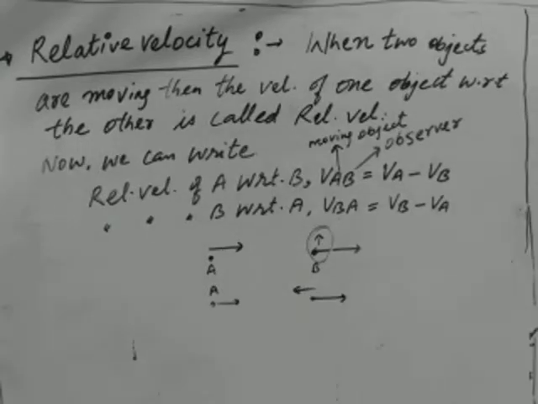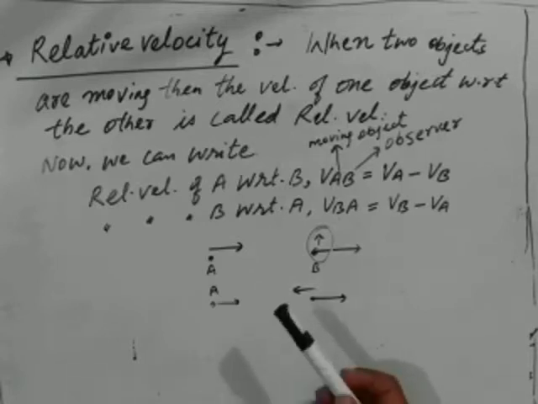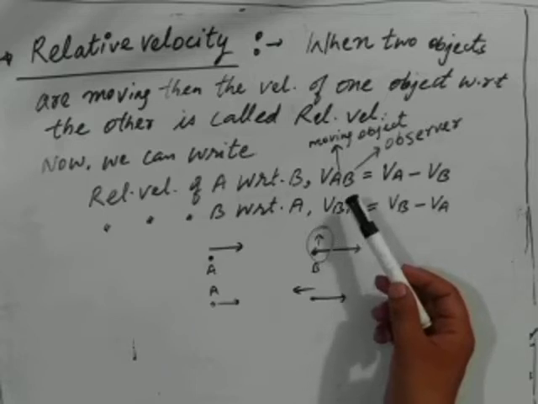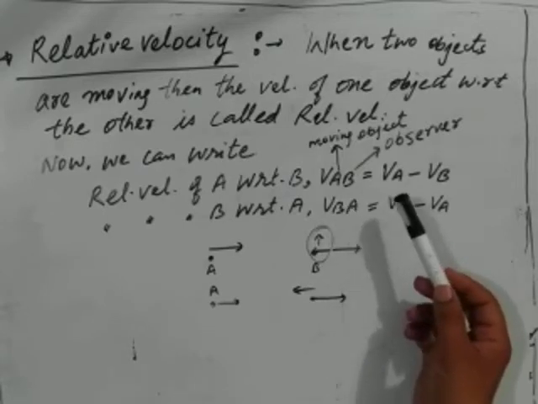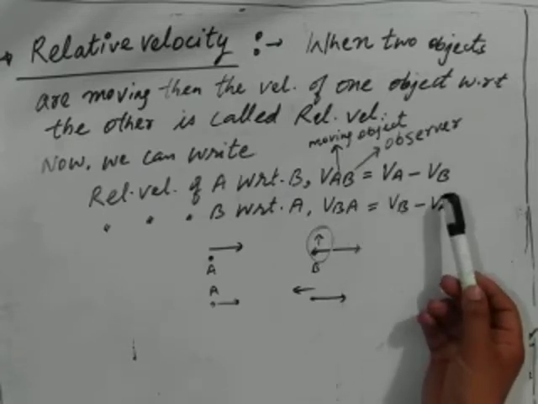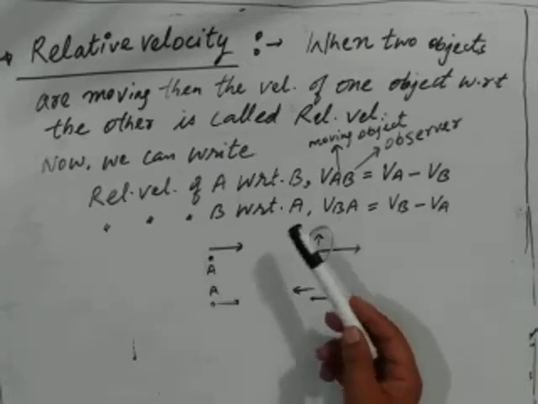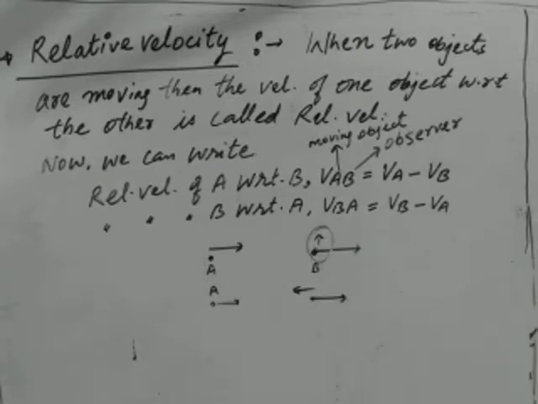So, the general formula for calculating the relative velocity when the two objects are moving is either we can use this formula VAB, that is VA minus VB, or VBA, that is VB minus VA. These are the two general formulas which we will use to calculate relative velocity when the two objects are moving either towards each other or moving away from each other.